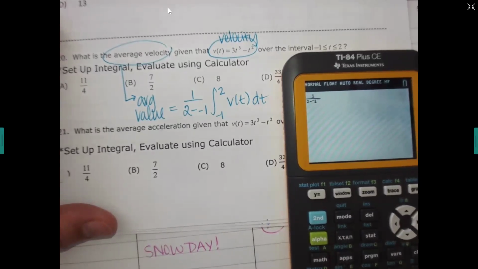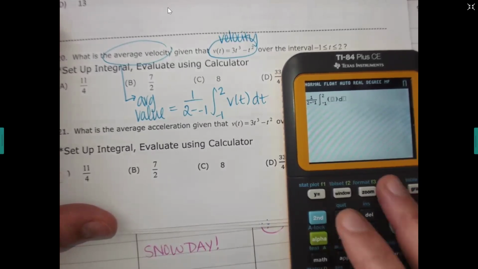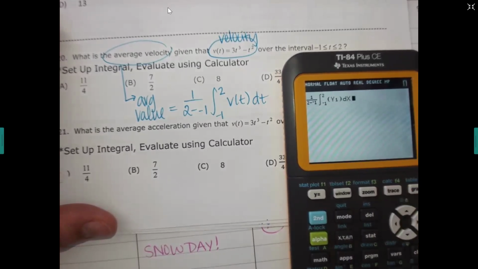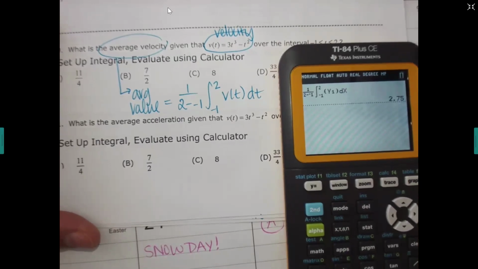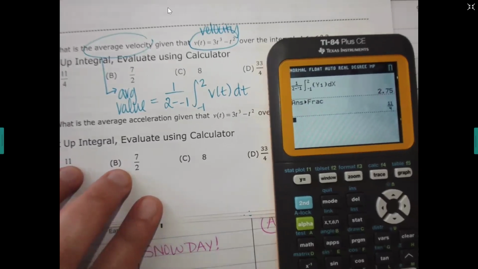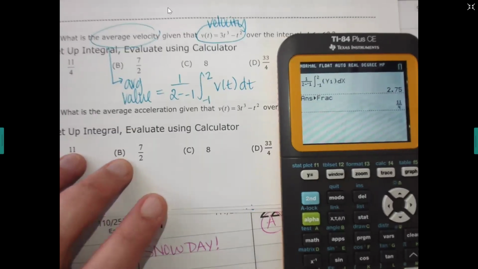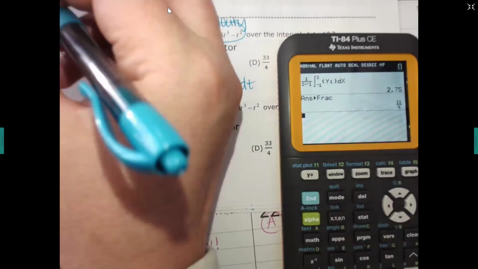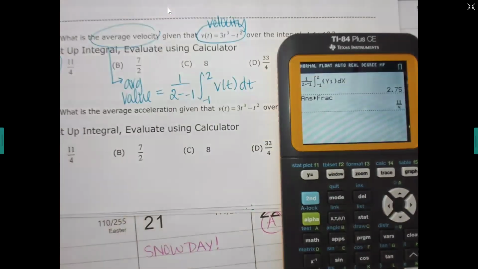You could also just get that to get a 3, and then math 9, -1 to 2, alpha trace y1 dx. My answer came out as a decimal, but if I want to convert it, just math enter, and it'll turn it into a fraction for you. So 11/4 was the correct answer. Alpha trace for y1.